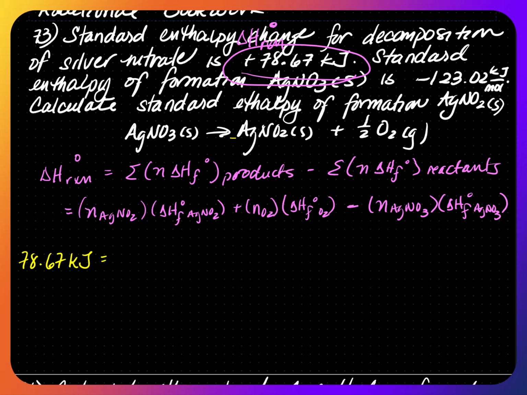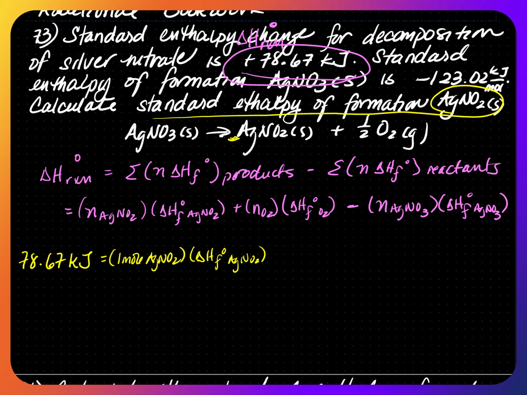The coefficient of AgNO2 is 1. So this is going to be 1 mole of AgNO2. We are looking for the standard enthalpy of formation of AgNO2. So we are looking for delta HF naught of AgNO2.